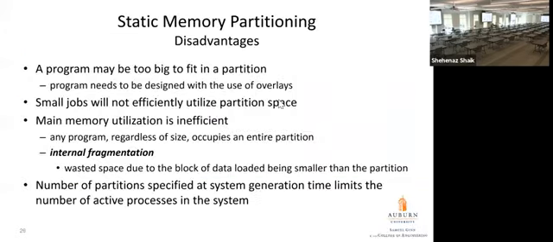Okay, so here we have some limitations with the static memory partitioning approach.